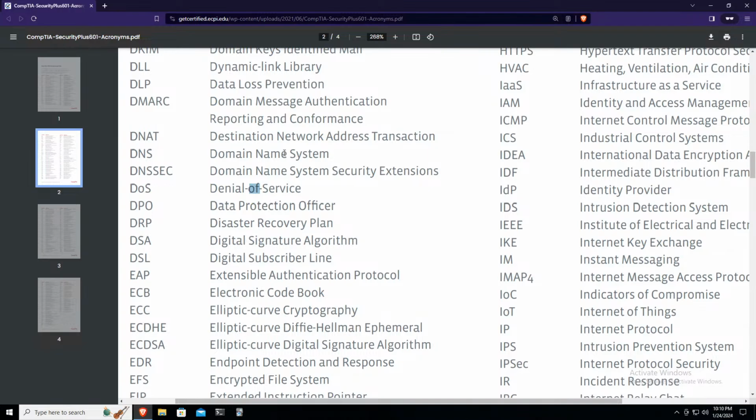A DOS is something that's heavily used in the security realm to try to take down services, flood your web page with connections, and then overload your servers.